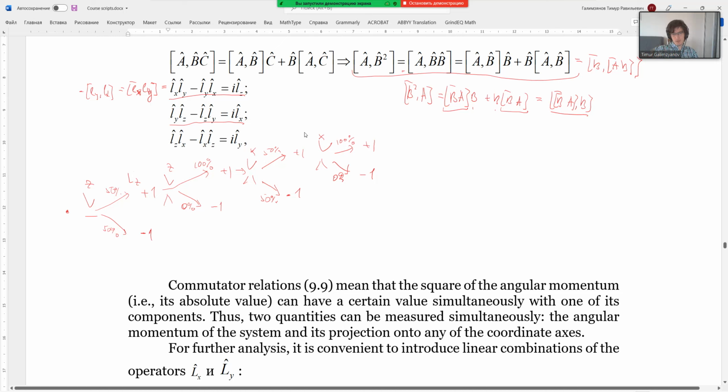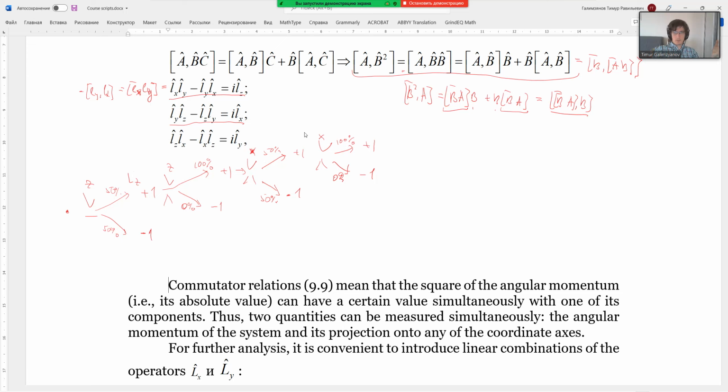But there is the question: how did we choose this particle? We know that this particle has z projection equal to +1. Then we took the particles with positive projection of angular momentum on the z-axis, put them through the x tool, and have taken only those particles that had positive projection on the x-axis.